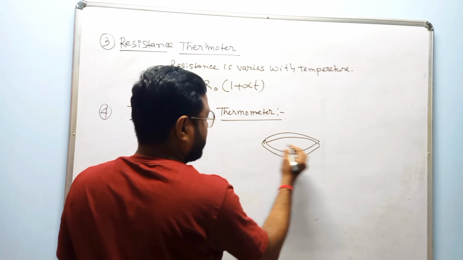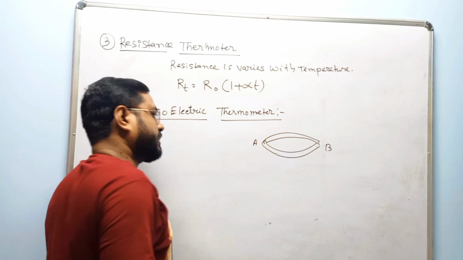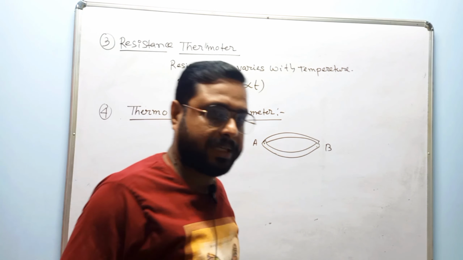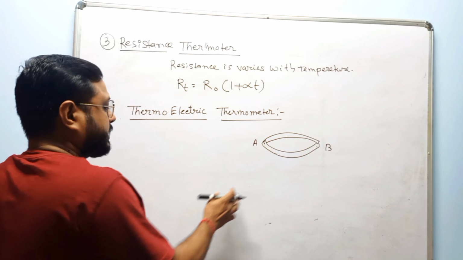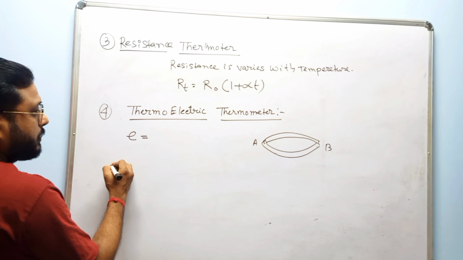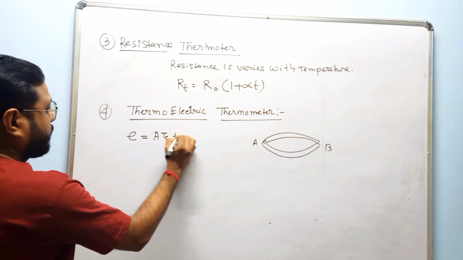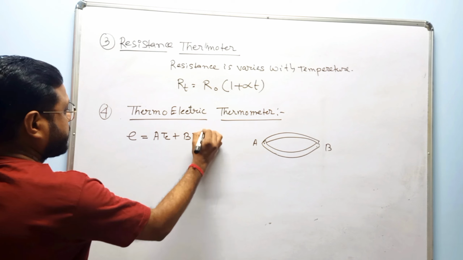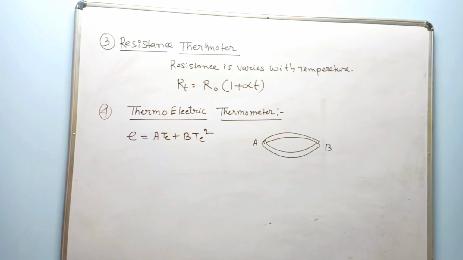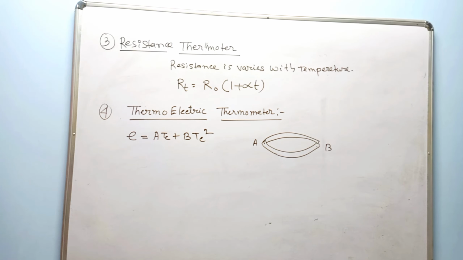If there are two points A and B, and there is a temperature difference between the two joints, then an EMF is produced, which is given by the equation E equal to A Tc plus B Tc square. A and B are constants, Tc is the temperature.